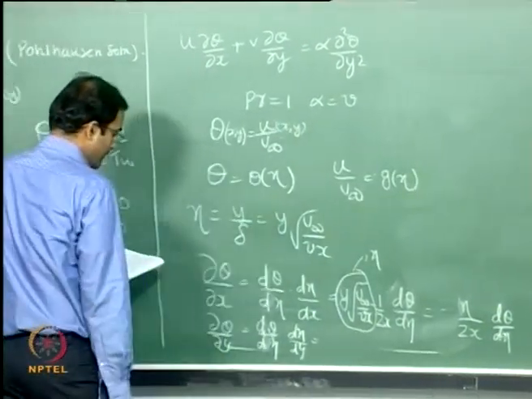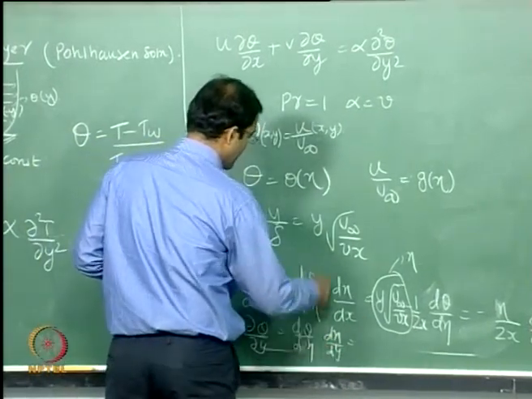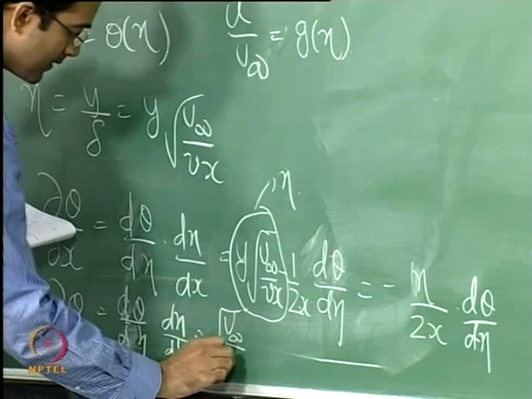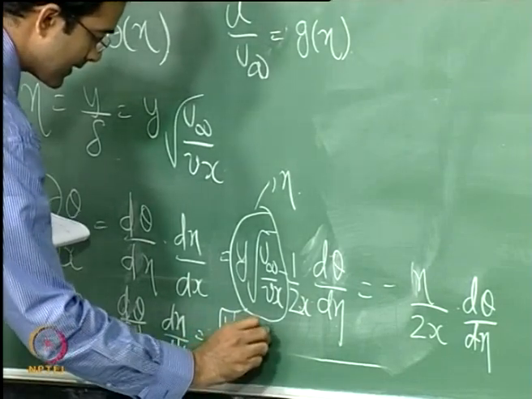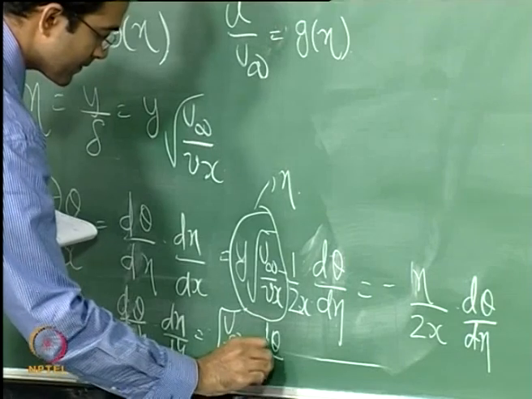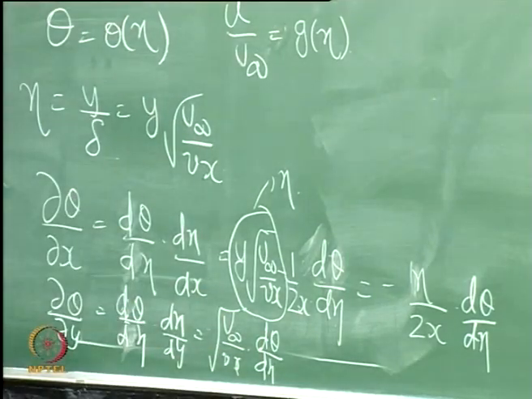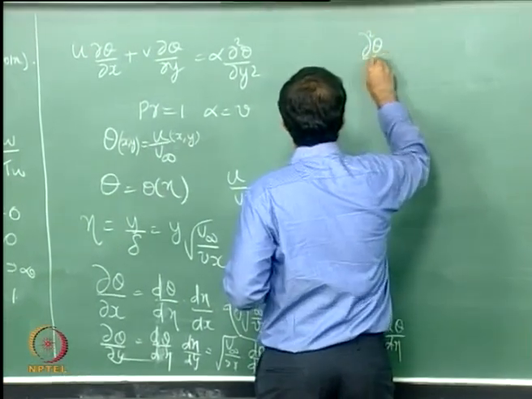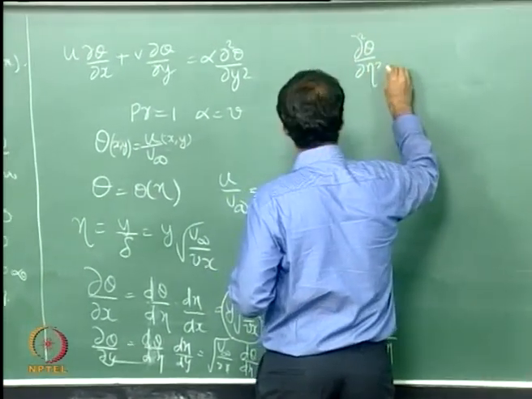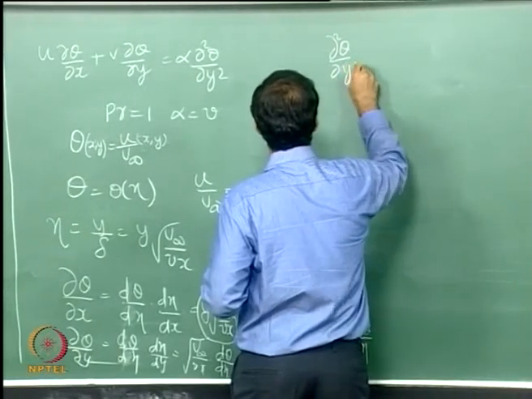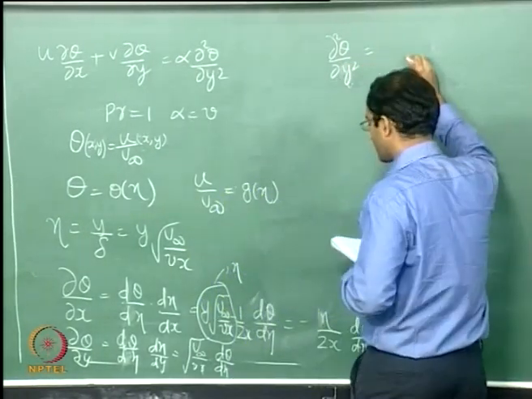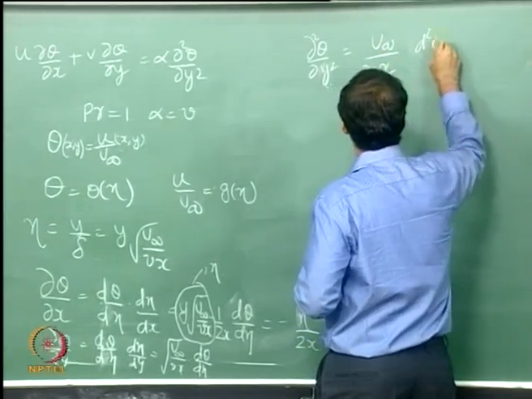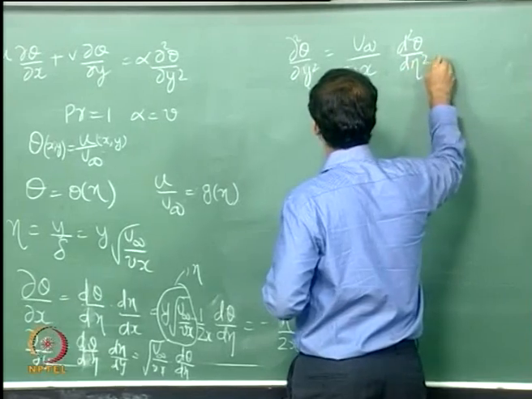The d theta by dy one is straightforward: d eta by dy is directly this, so this is nothing but square root of u infinity by nu x into d theta by d eta. Now you can also find the second derivative, d square theta by dy square, which will be u infinity by nu x into d square theta by d eta square.